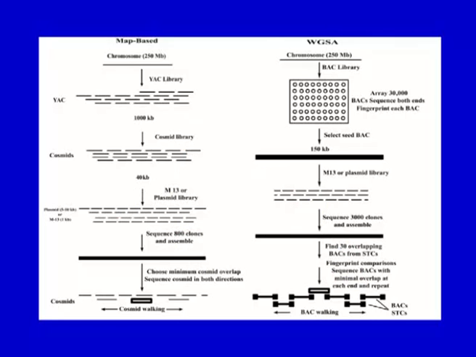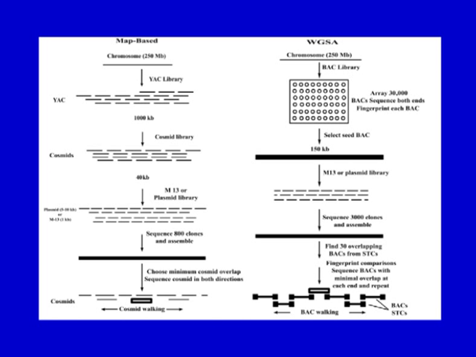The two with minimal overlap at either end are then selected, sequenced, and the operation repeated until the entire chromosome is sequenced. This is called BAC walking, bacterial artificial chromosome walking, which for the human genome required 27 million sequencing reads actually.